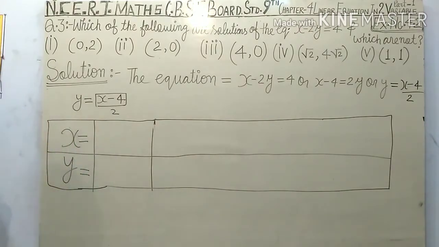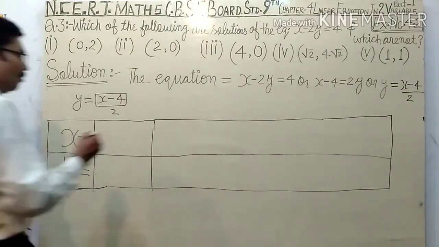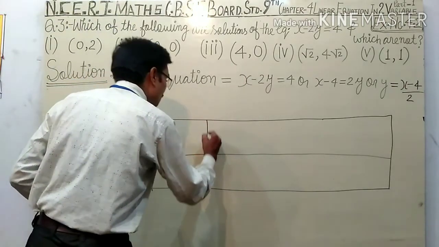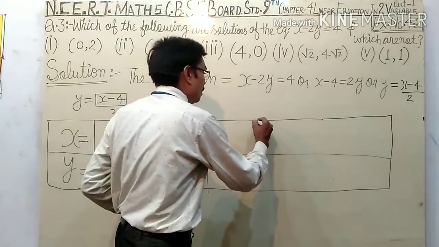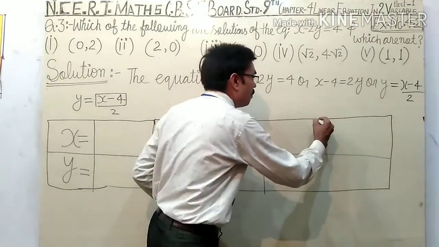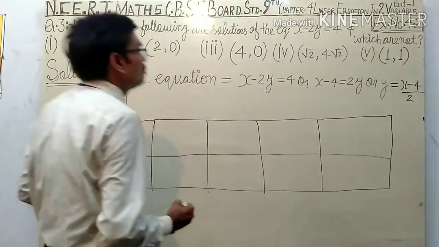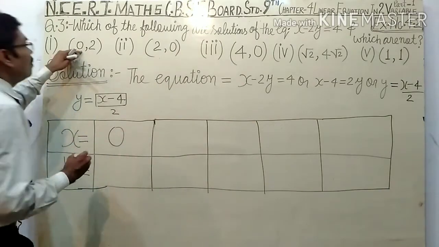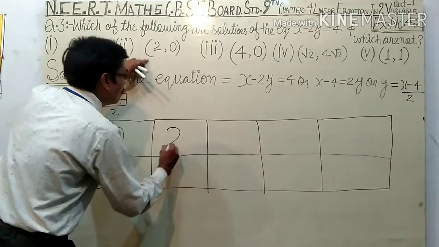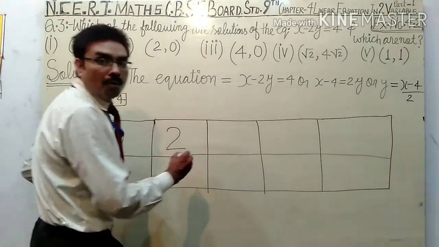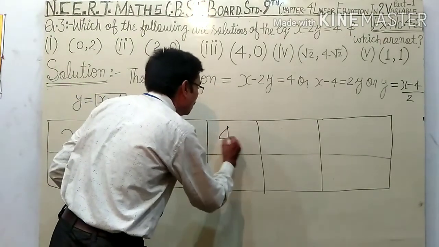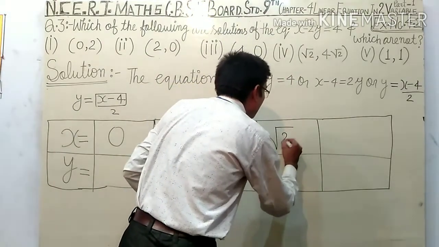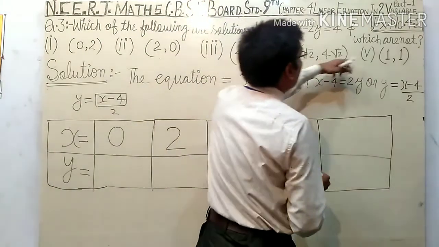Students, 5 values 1, 2, 3, 4 and 5. So students, taking values of x 0, 2, 4, root 2 and 1.